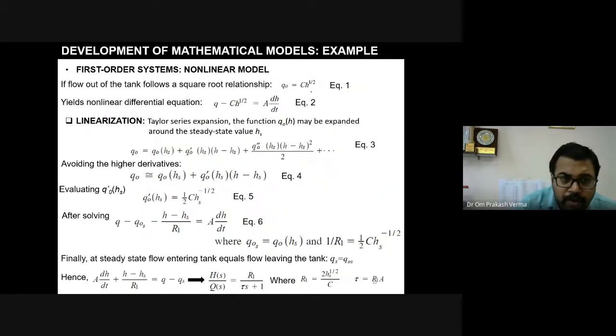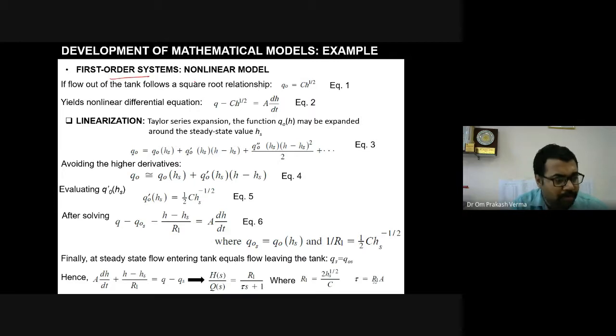Now come to the next part, which is very important. First order nonlinear system.